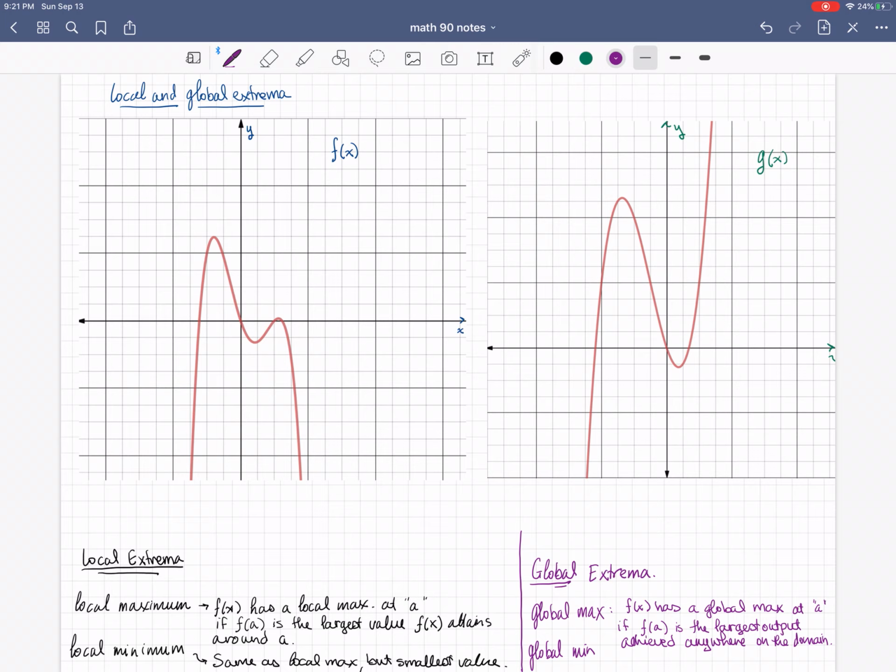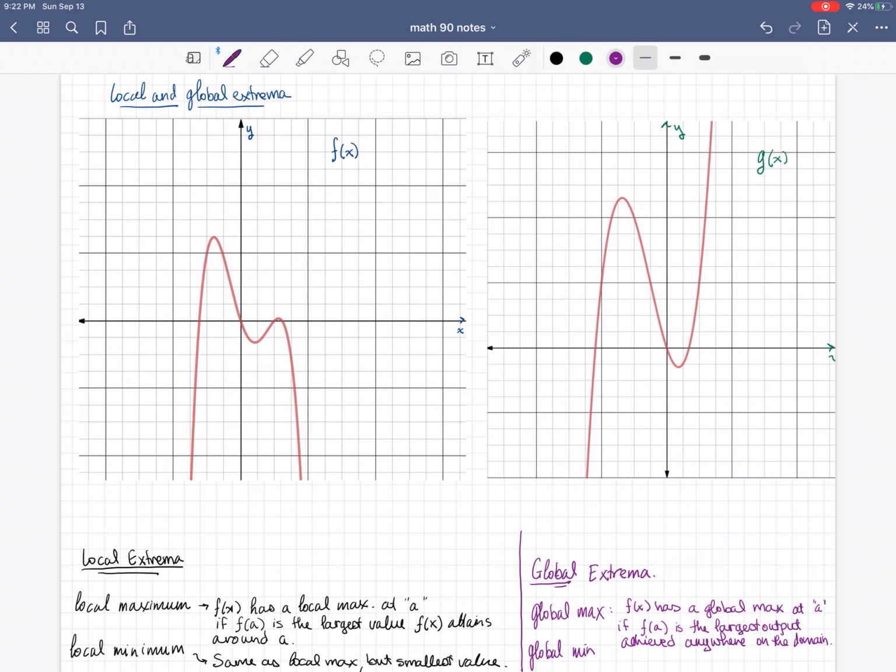And the conversation might be, well, since it looks like a wave and it keeps coming back to the same highest point and the same lowest point over and over again, does that mean that it has infinitely many global maximums? And that kind of depends on what you want, whether it's best to say, you know what, unless it happens exactly once, we don't call it a global maximum, or whether it's better for your purposes to say, you know what, every time it happens, we call it a global max.